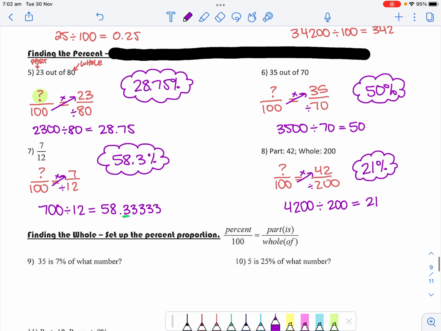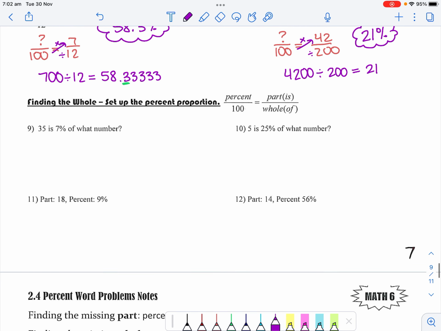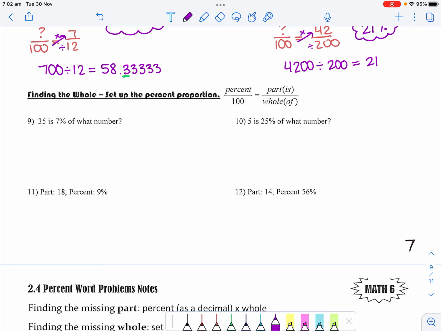Okay, and then our last example here is finding the whole. And for finding the whole, we've always taught it with a percent proportion. So you'll see that the percent proportion is right here. Now we're just choosing to be consistent across the board and do everything through the percent proportion.